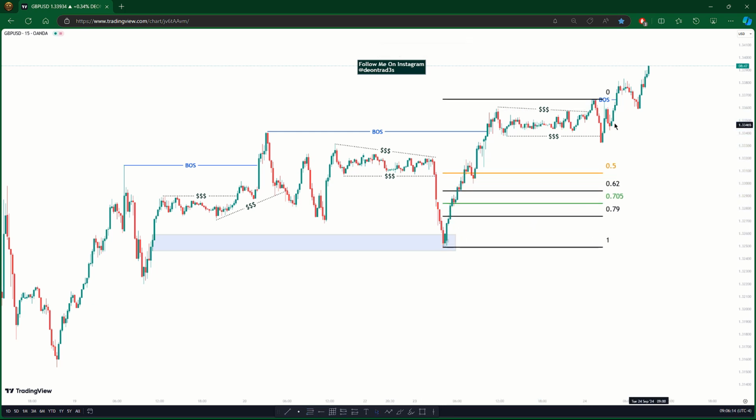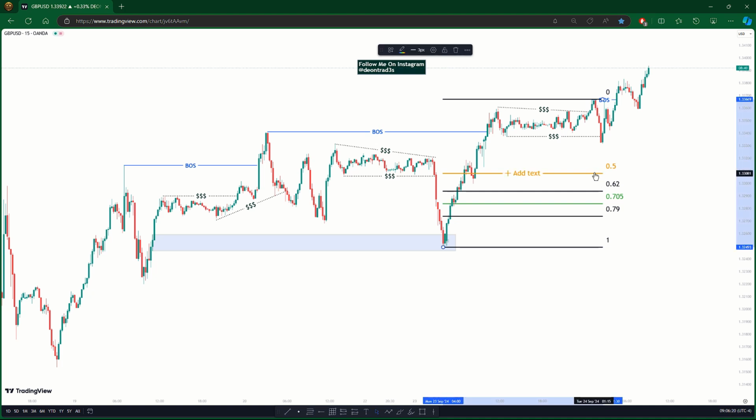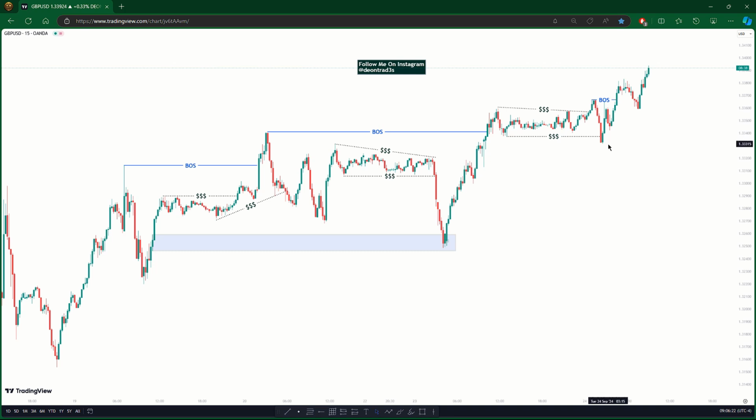So you can see price did not go all the way to at least the equilibrium level there. It just took out liquidity and then went to that single candle order block right there, with a fair value gap above, and then continued going to the upside.